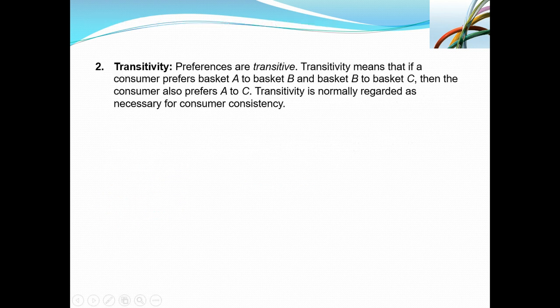Then the second one is that of transitivity. When we say that consumer preferences are transitive, it means that if you are given three bundles, A, B, and let's say C, and the consumer reports that A is preferred to B, and B is preferred to C, then practically C is the inferior one.